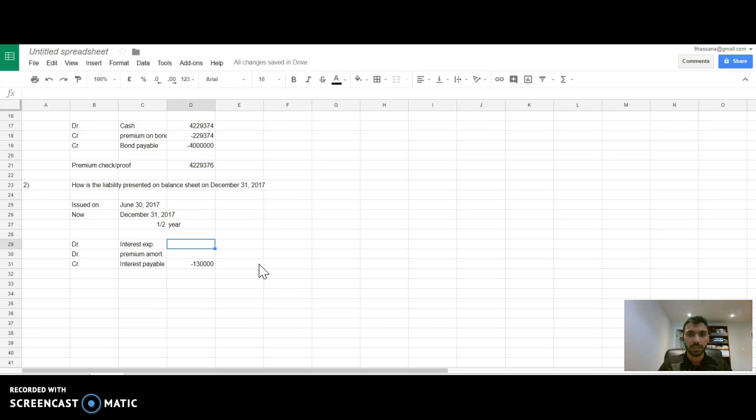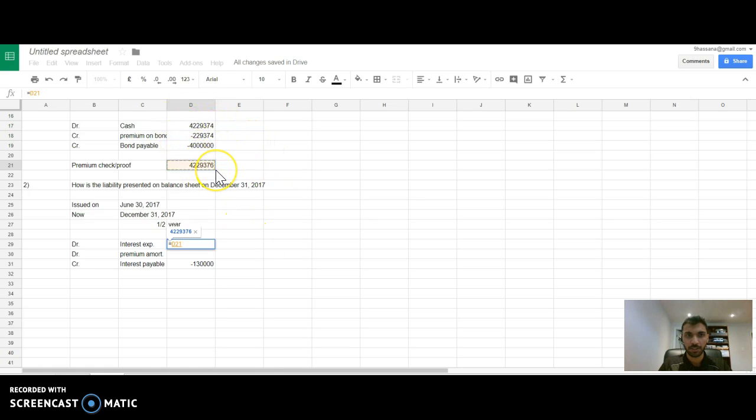Now we know this company is using the effective interest rate method. So what do you do with the effective interest rate method? You take the total value of the bond, so we're going to use our exact amount from our proof, 4,229,376, and whether you use the $2 off or not, it doesn't really matter.